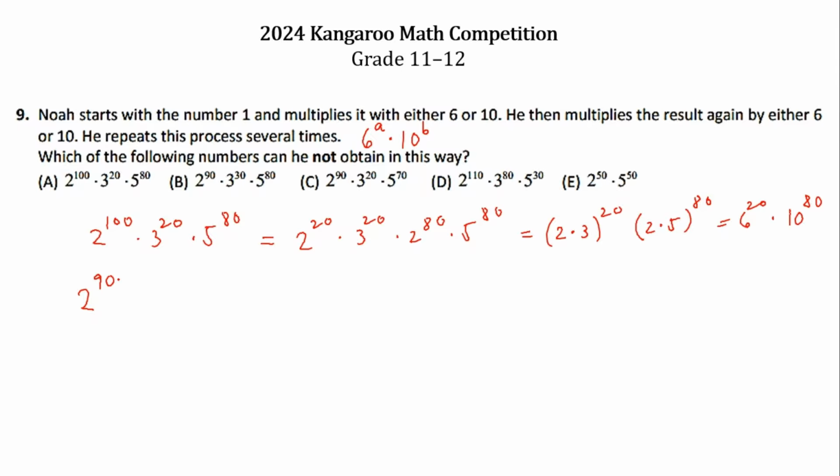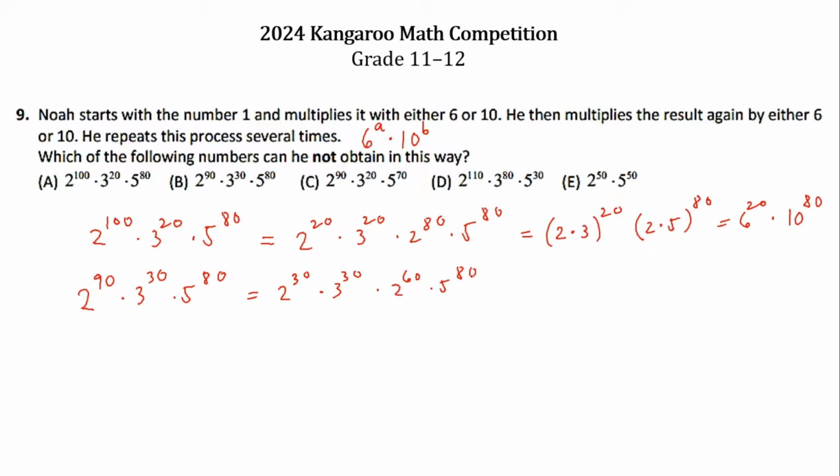We have 2 raised to 90 times 3 raised to 30 times 5 raised to 80. Alright. I'll split 2 raised to 90 into 2 raised to 30 and 2 raised to 60. So we have 2 raised to 30 times 3 raised to 30 times 2 raised to 60 times 5 raised to 80.